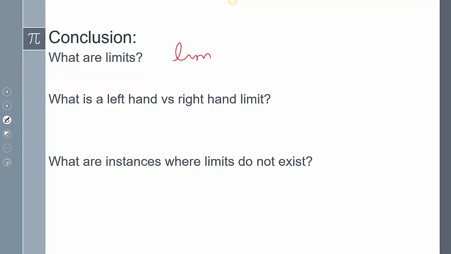So we said the limit as x goes to a of my function, and the idea here is as x approaches this a, as we get closer and closer and closer to it, as close as I can possibly get to that value, what can I conclude? And that's essentially what a limit is. As we approach that value, what is it that I conclude? I may never get there, right? Because if I do get there, it's undefined. But what can I conclude based on as close to that value as I can possibly get?